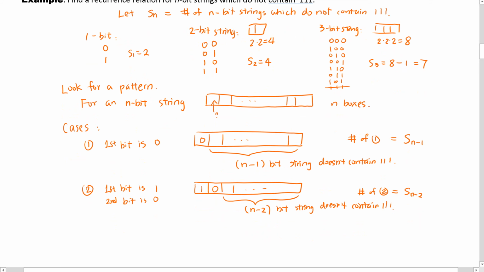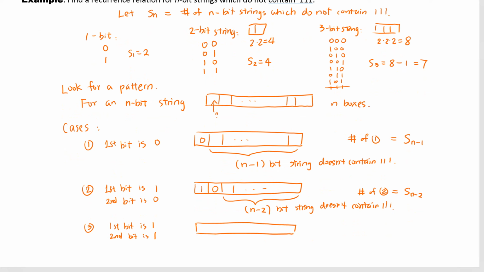Alright. Next case, the first bit is 1 and the second bit is also 1. In this case, what happened? This is 1, this is 1. Well, what is the third bit? Can it be 1? No, it must be 0 because we already have two ones here, right? It must be 0.